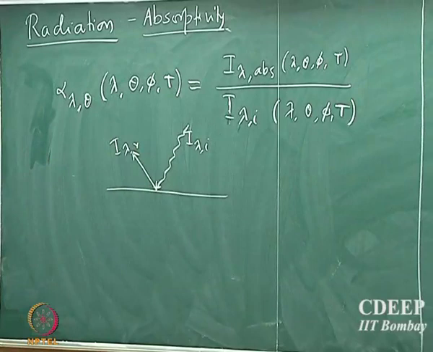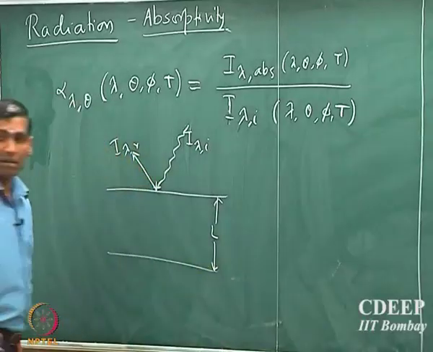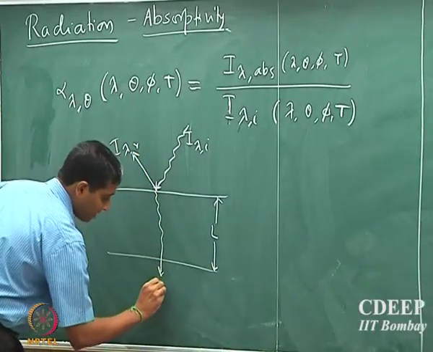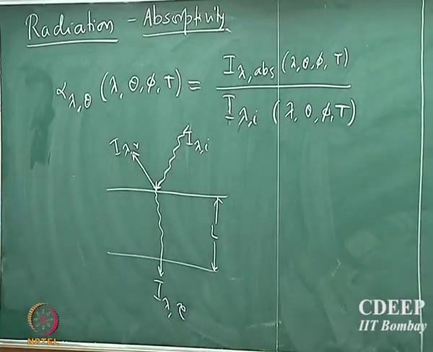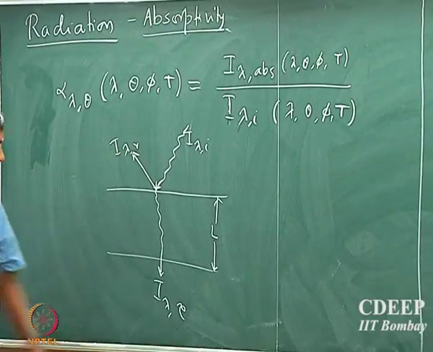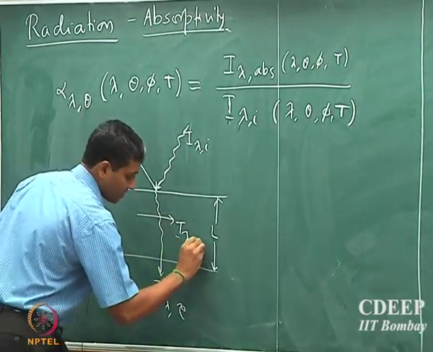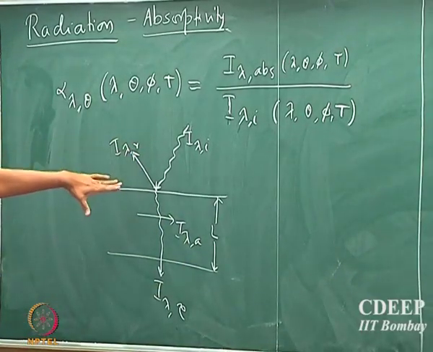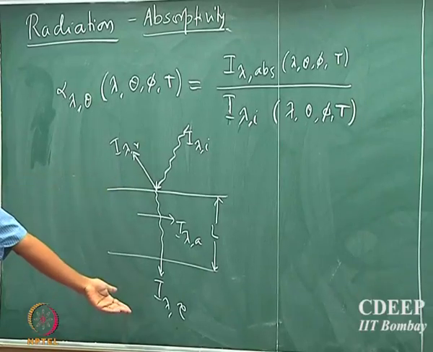If it's a finite surface of, let's say, thickness L, then some of it could be transmitted, with tau for transmission, and some of it could in principle be absorbed. So whatever incident radiation comes into a surface can be absorbed, reflected or transmitted.